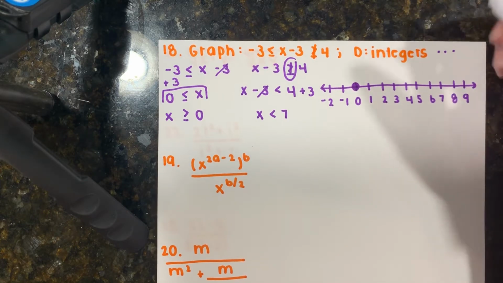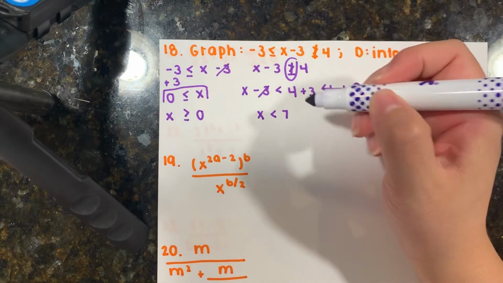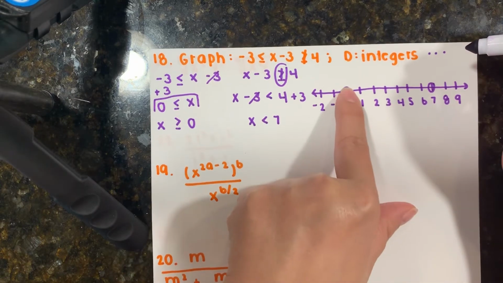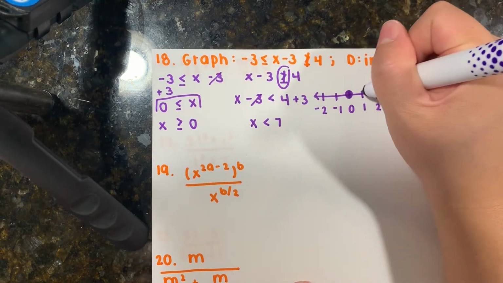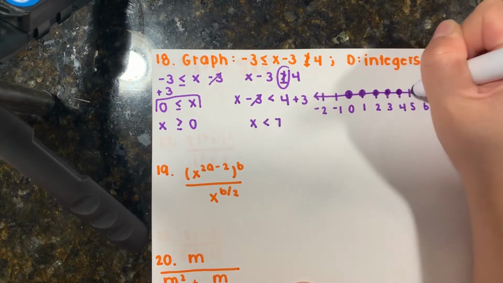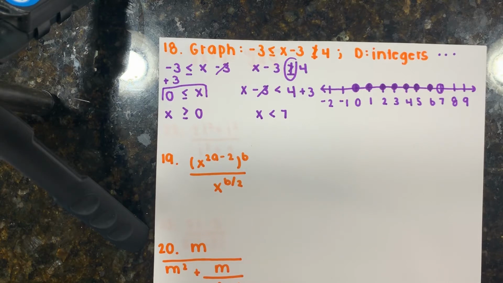It cannot be equal to 7, so I would leave that 7 open. And it's going to be less than 7, so to the left of 7, and greater than 0, so to the right of 0. So that means I'm going to connect my two endpoints and fill them in with all filled in dots. And that would be your result for number 18.